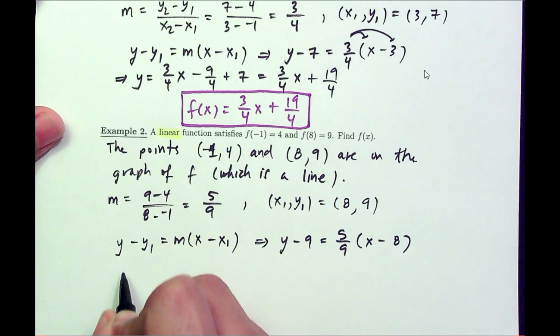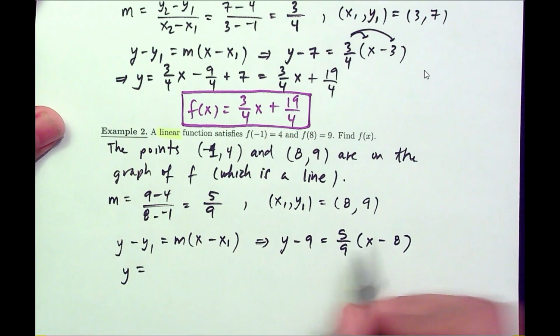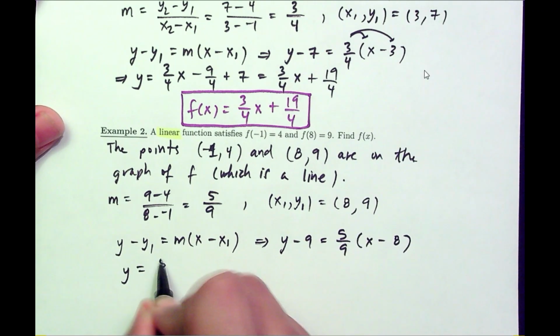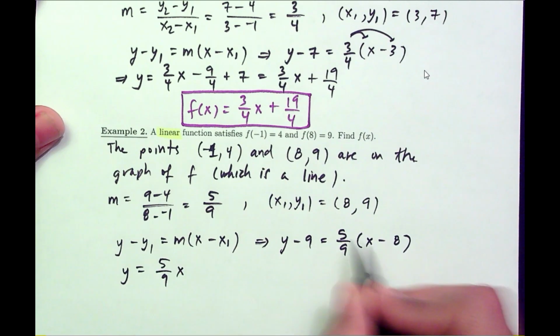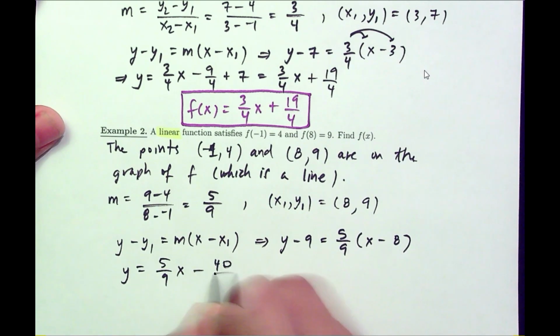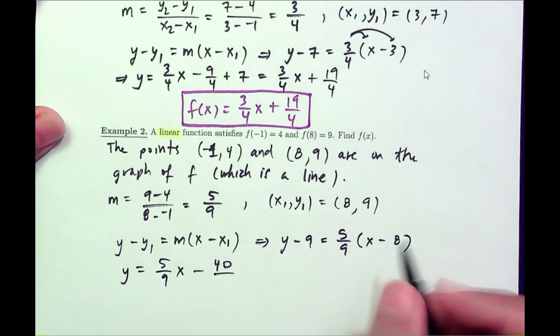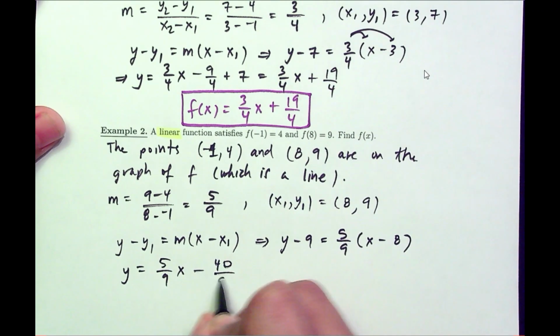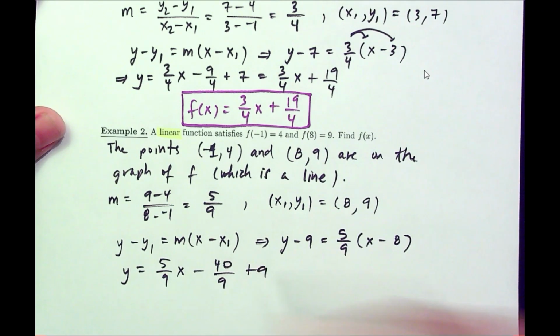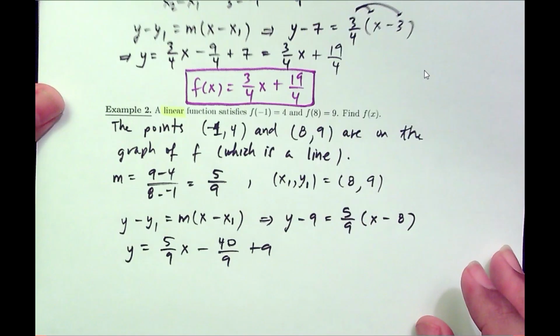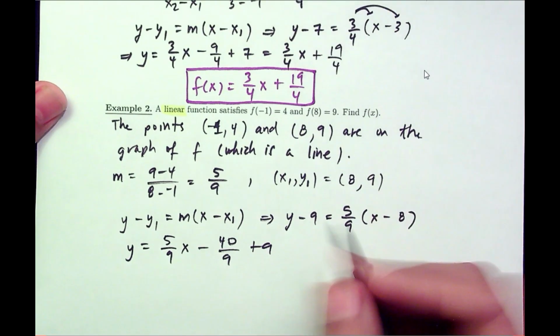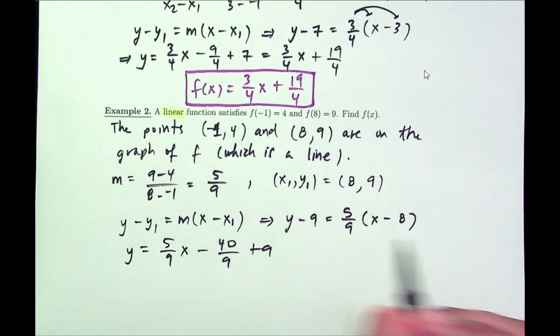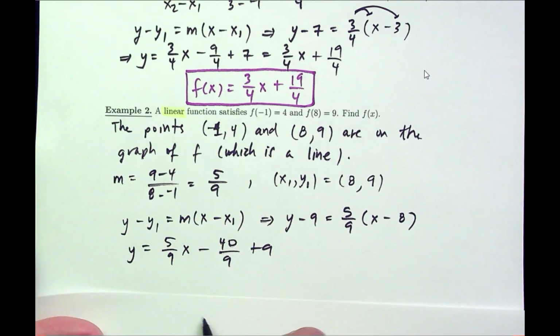So this is going to be y equals, then distribute. So this is 5 over 9x minus 40 over 9. And then I'm moving the plus 9 to the other side. Okay, and then we're going to simplify this. You can, again, put that in a calculator or do it by hand. Negative 40 over 9 plus 9.